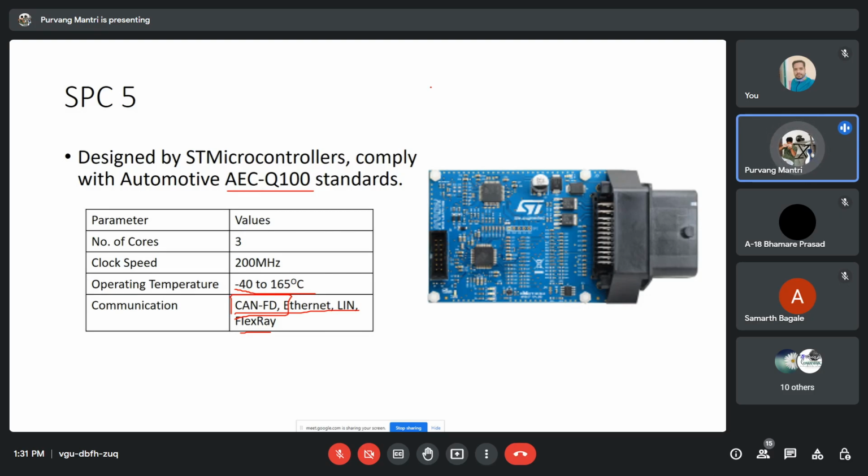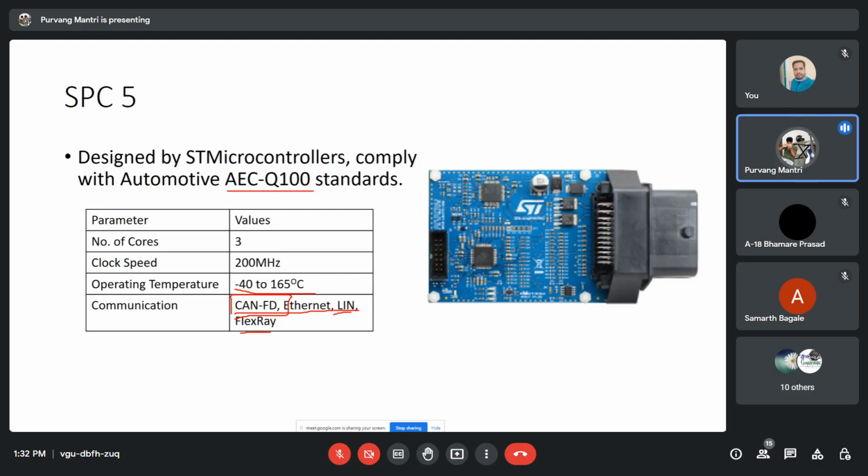There will be one microcontroller just to operate our power windows. There will be a microcontroller just for power steering, one for ABS, traction control, ESC, and EBD. All of these microcontrollers can communicate with each other using CAN bus protocol and LIN bus protocol.